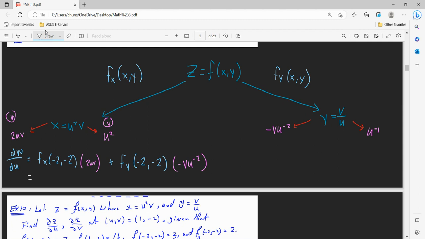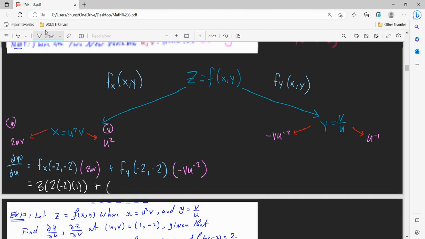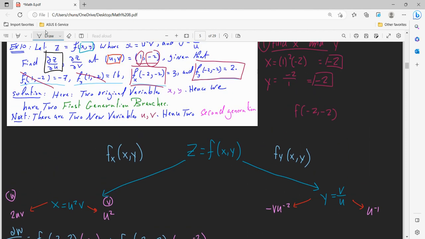So we're going to plug that in. So this is 3 times, and this is 2 times negative 2 times 1. And this is plus, and when we have our partial derivative y, where our x and y variables are negative 2, it is equal to 2.